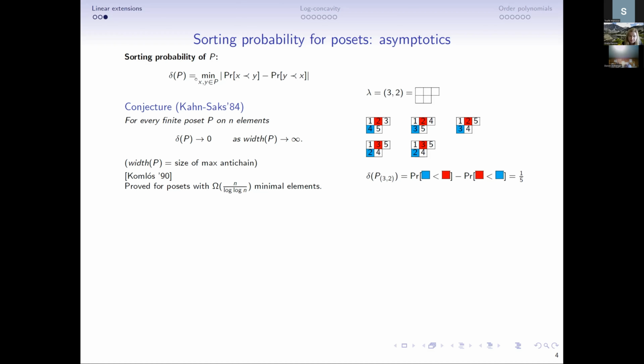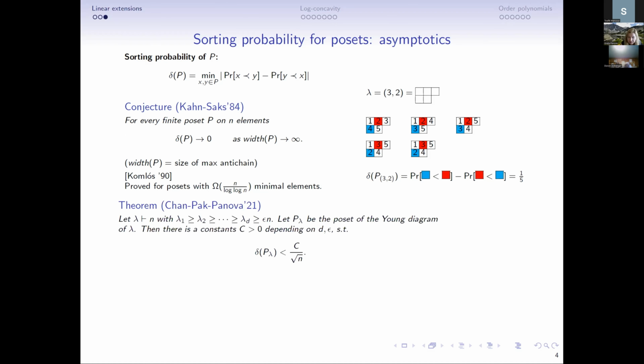So this is when we take over all pairs of elements x and y the minimal difference between these two probabilities. And this has been proven when we have a very big anti-chain. So n over log n is a very large proportion of the elements of our partially ordered set.